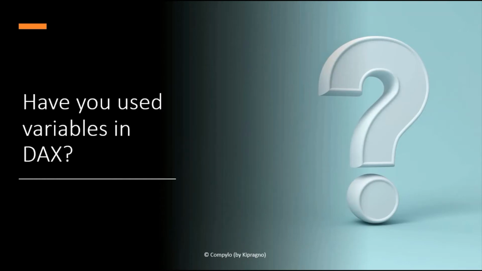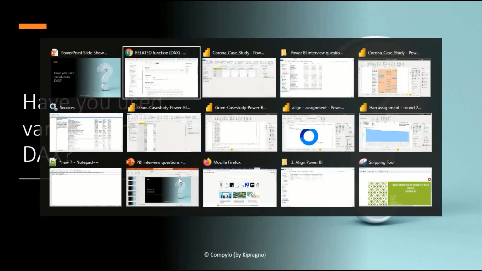Now, have you used variables in DAX? If any of you have a programming background, you must be aware of variables, which are very common in earlier programming languages like C, C++. Yes, variables are also available in Power BI, and I have an open example for you.